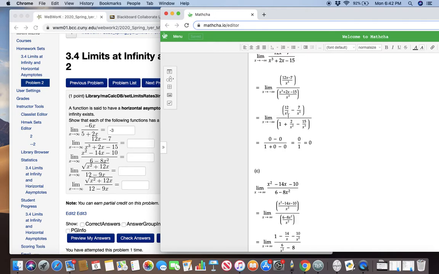As x goes to negative infinity, the denominator gets larger and larger, so 12 over x squared is 0, 7 over x cubed is 0, 1 is unaffected, 2 over x squared is 0, and 15 over x cubed is 0. So 0 over 1 is 0.